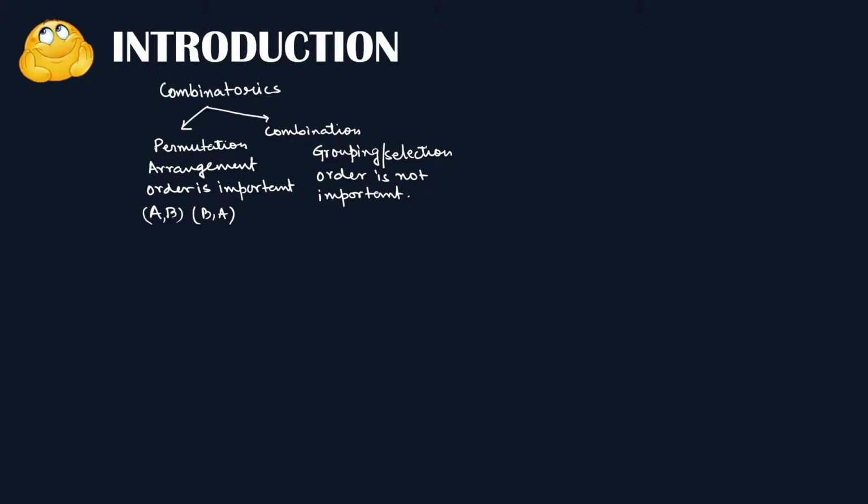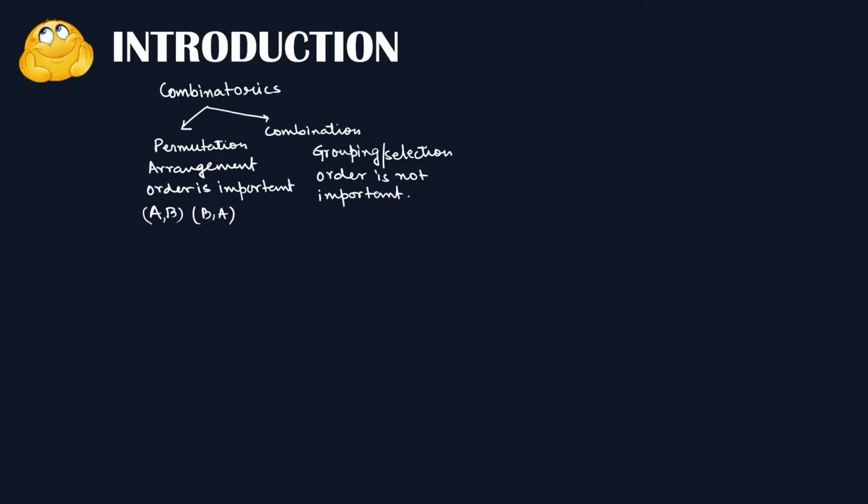Mainly combinatorics is specially used in computer science, right? So combinatorics is divided into two groups. Actually, combinatorics deals with two things. One is called permutation, another one is called combination. Permutation is all about arrangement and combination is all about grouping or selection, right?